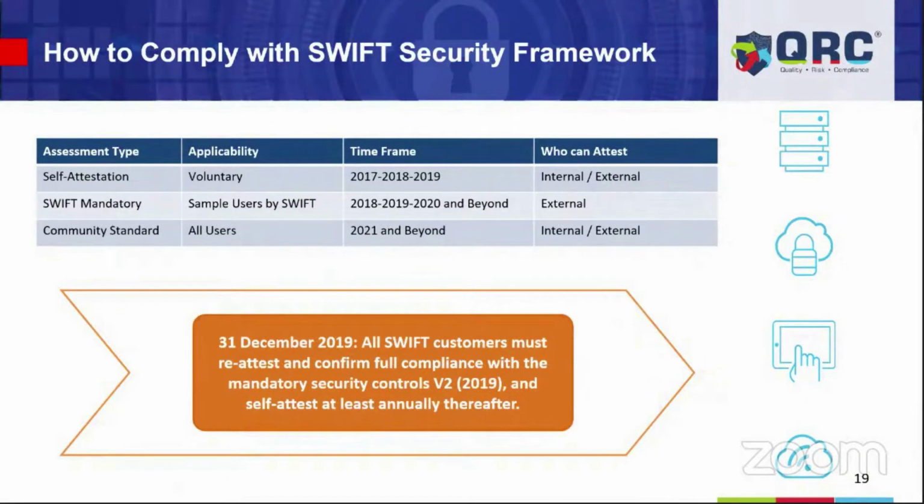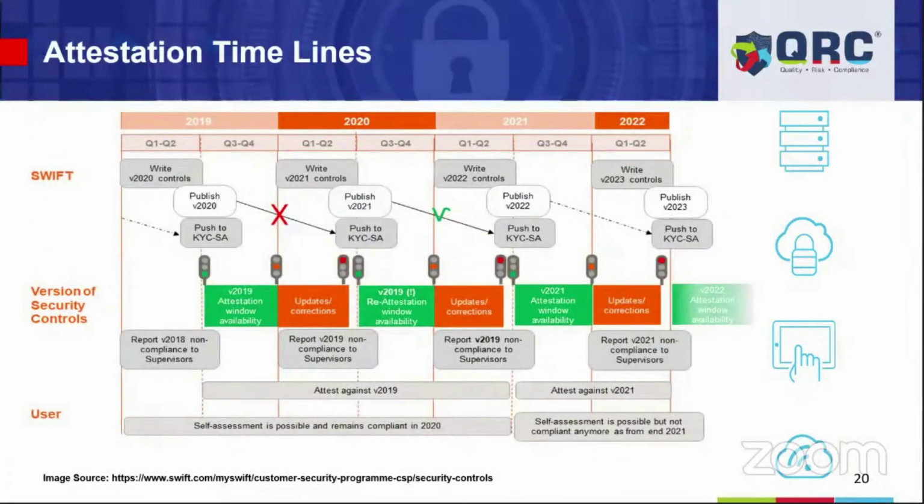Generally it is done by the internal teams of the institutions, and it is one of the mandatory requirements. When SWIFT informs the institutions to perform the CSCF assessment from an independent external party, and for community standard, all users, whether internal or external, are supposed to do this. Again, we have to check these timelines with the SWIFT website, so that you will get a clearer understanding.